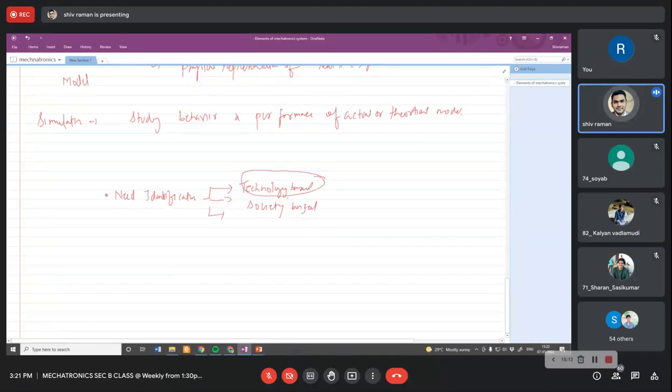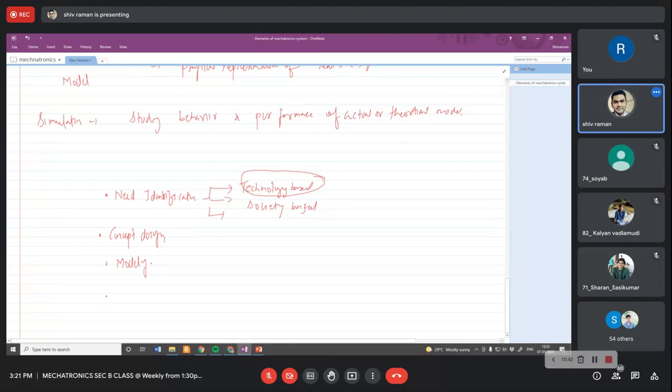First we have to identify why we need to develop the particular product. In a mechatronic system, your need is basically driven by competitiveness in the market and customer demand. These are the two basic fundamentals which drive the designing of a mechatronic system. Then you have to design a concept, so we have concept design, then modeling.